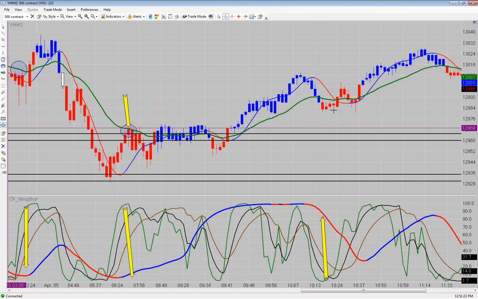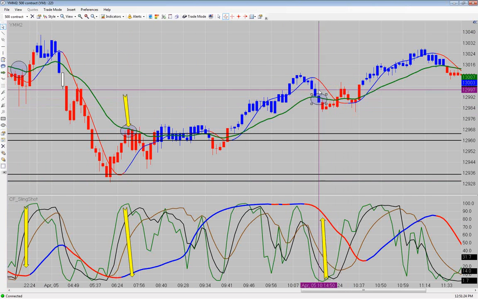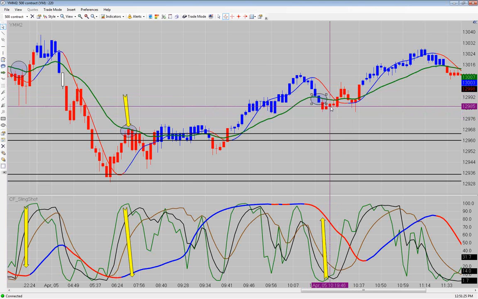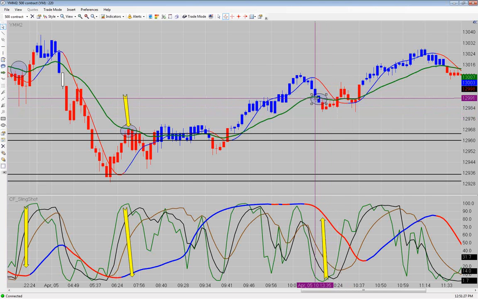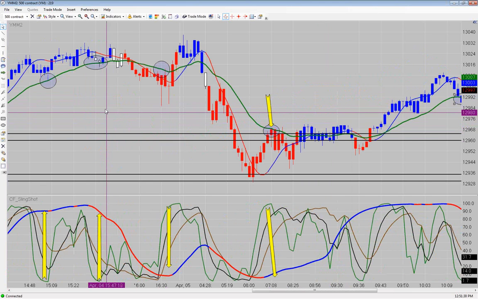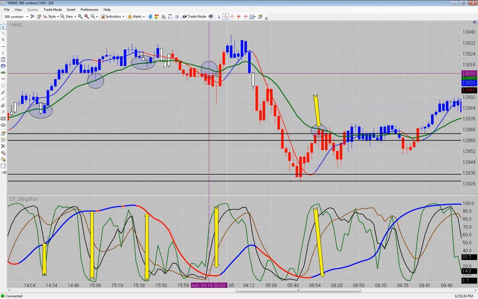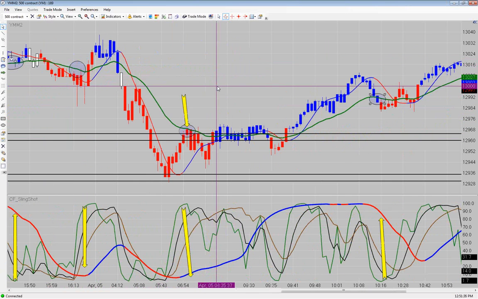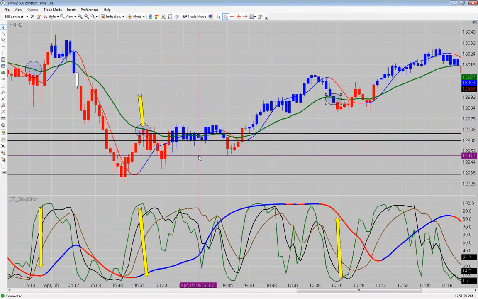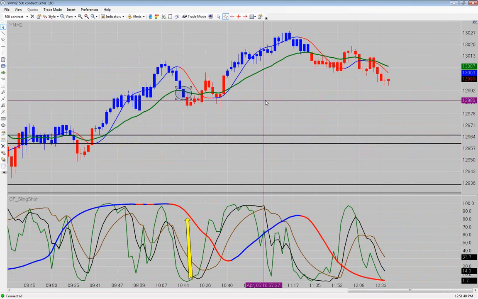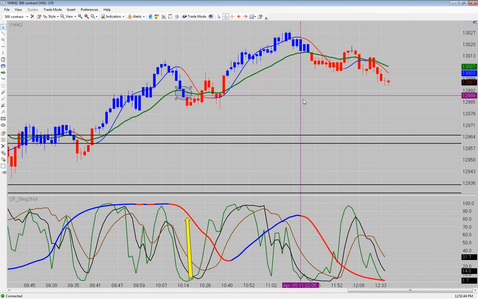So you anticipate the BBC to hold. Now, wait for an up close. You would have been entering in over here instead of up here at the BBC. Like on all of these, if you waited for an up close, you would have been entering there. You would have been entering there. You would have been entering here on the short. Now it depends how you want to handle your risk with the trade. Okay, but yes, you can use it over there as well.